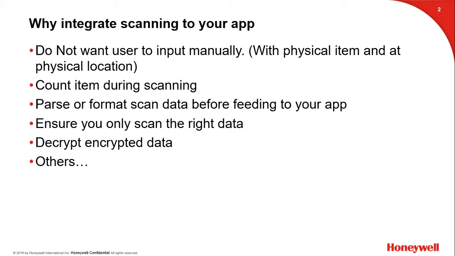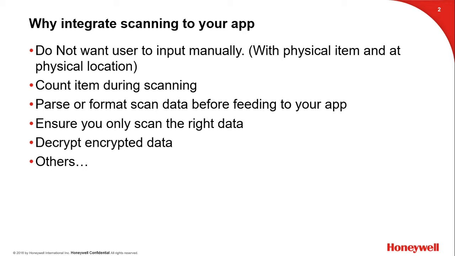Of course, you want to make sure that a particular field in your application scans the right data, so you can put the validation or scanning criteria within the application itself, so that you will not scan the wrong data, or so you can provide feedback to the user that they have scanned the wrong barcode.